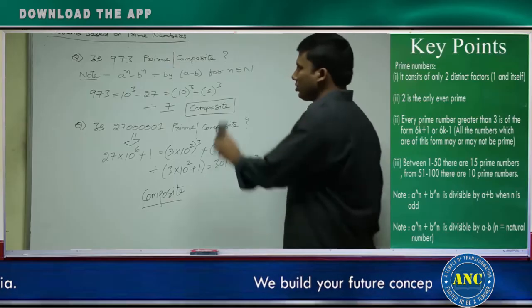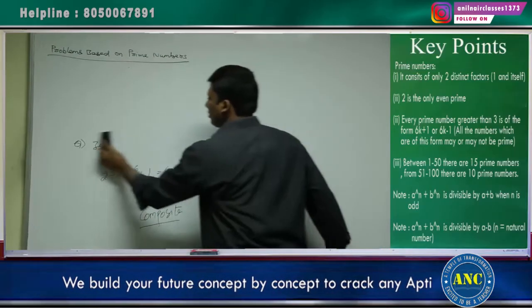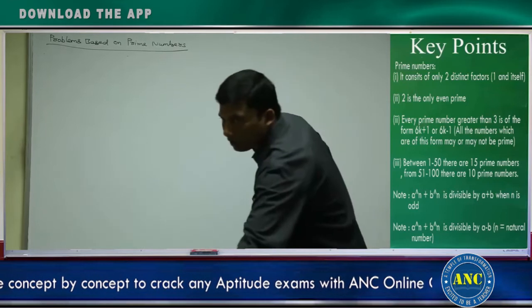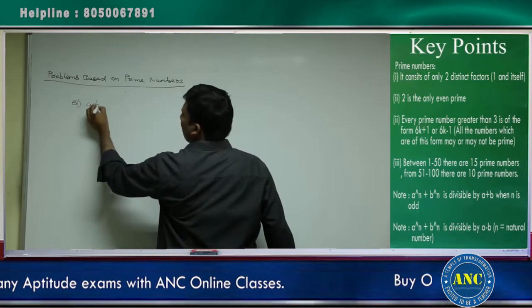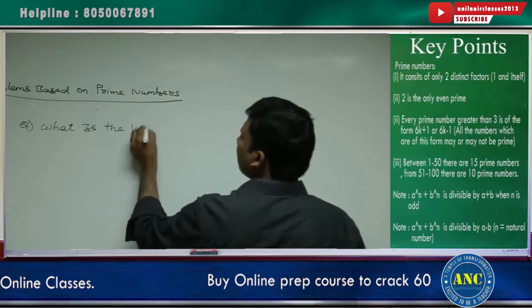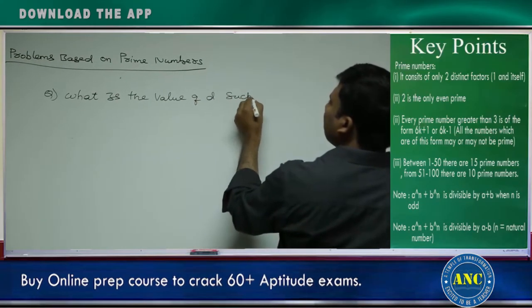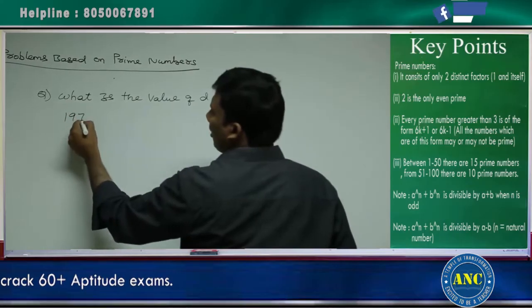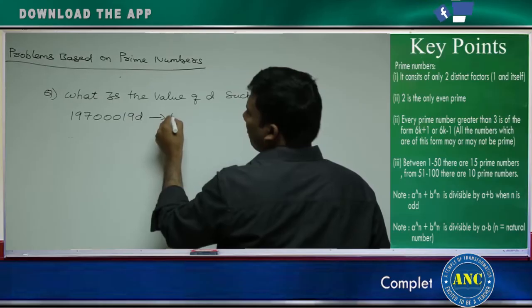Next, one more question. This is a very interesting question. What is the value of d such that 197,000,19d is a prime number?